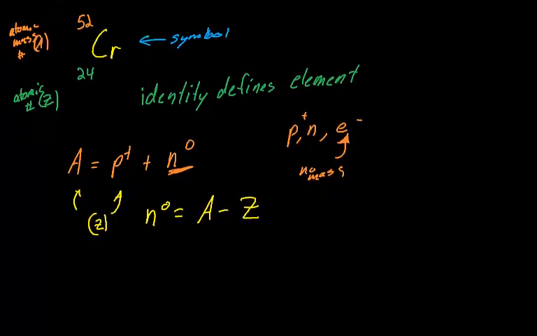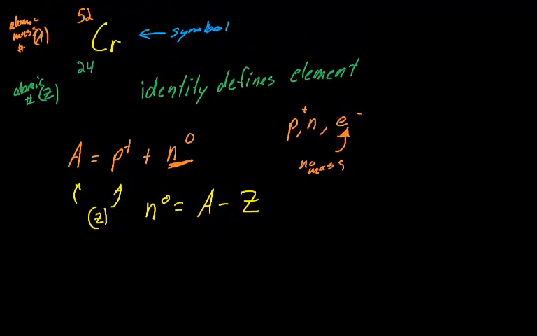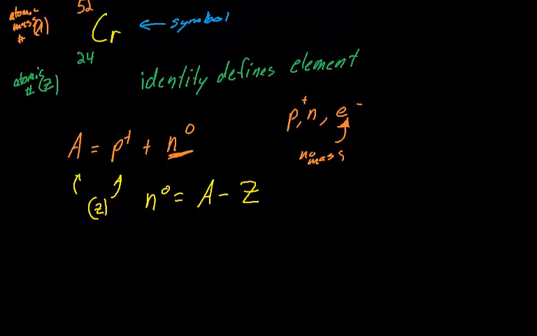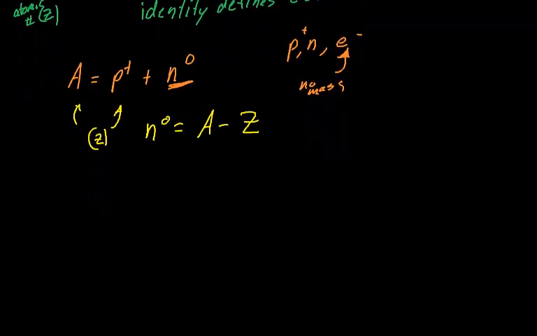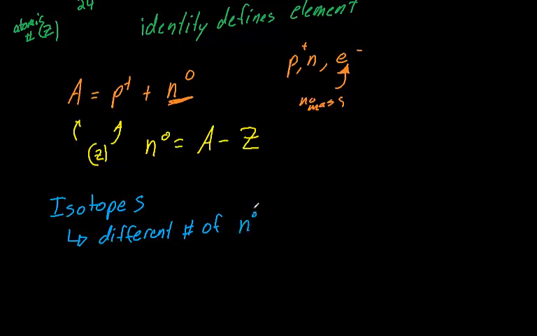So when we talk about neutrons, they themselves do not define the identity of an atom, and they can be different for each atom, and we call these isotopes. So isotopes are when you have different numbers of neutrons for each atom.